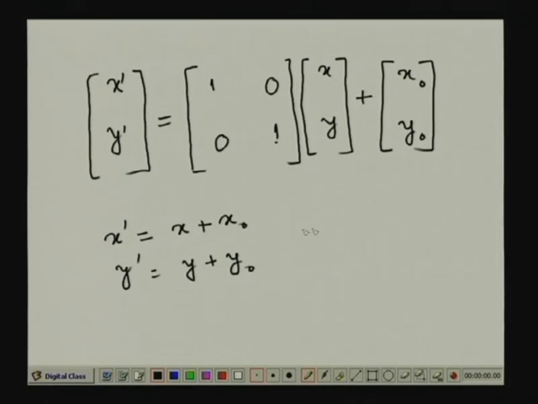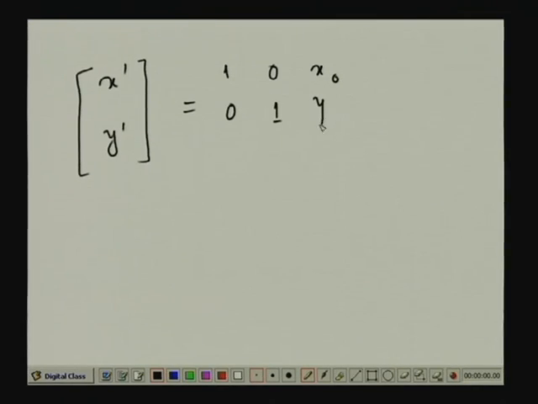Now, if I want to combine all this operation in a single matrix form, then the operation will be something like this. On the left hand side, I will have x prime and y prime in the form of a matrix, and on the right hand side, I will have the matrix [1, 0, x naught; 0, 1, y naught] and then x, y, and 1.